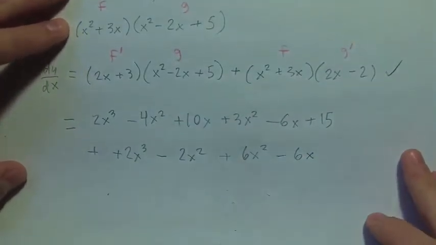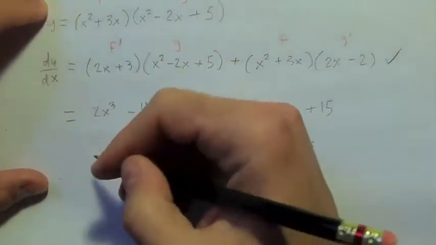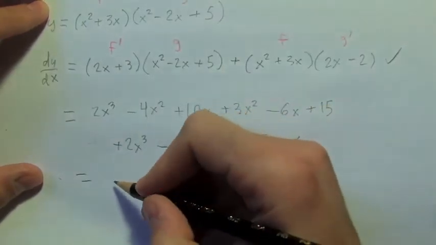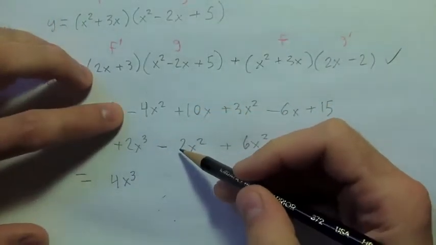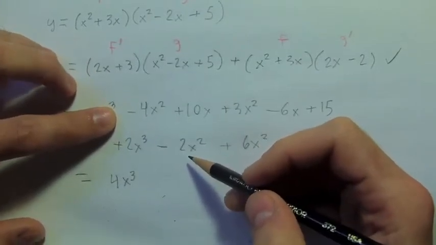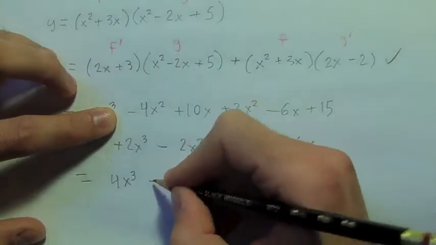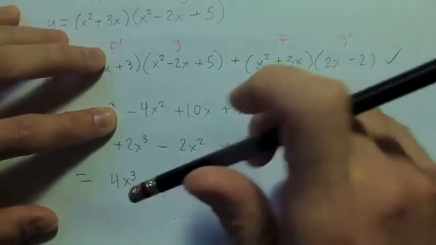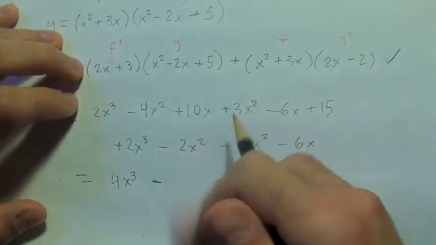Okay. So if we simplify this down a bit, okay, I get 4x cubed, then a negative, okay, so let me just go in steps here.